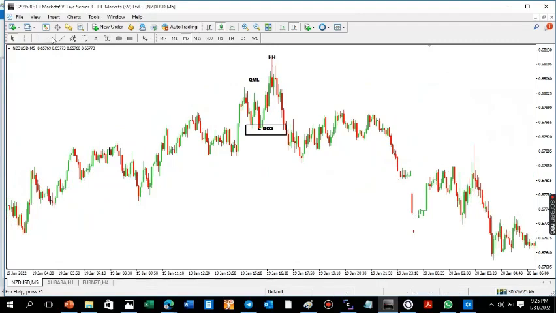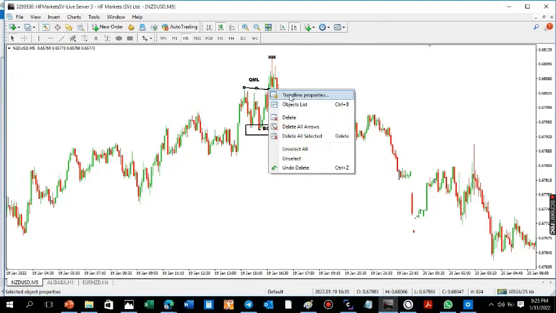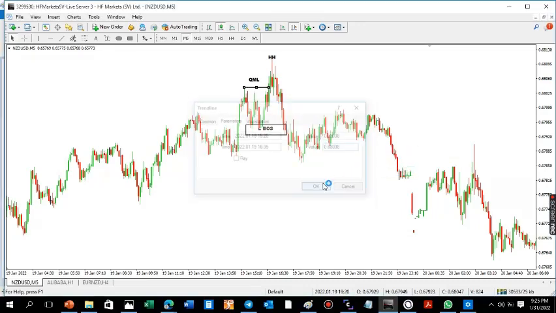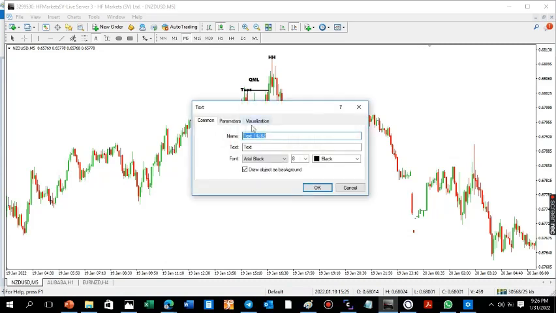This is my low and break of structure right here. If you zoom in, you realize that the price had a lot of resistance here. We had a lot of resistance at that level. Pay particular attention, guys.